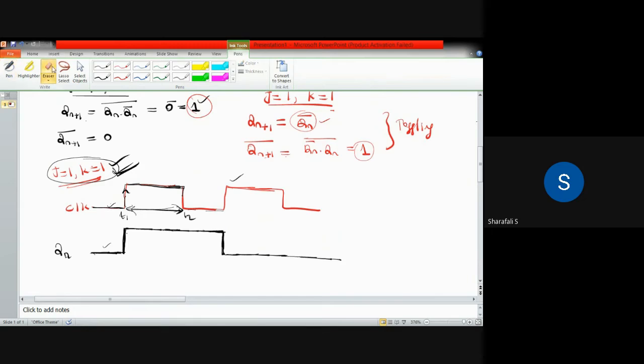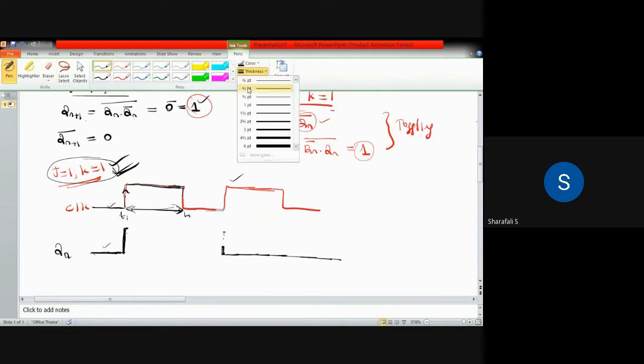So in that case, what actually happens is we will have toggling like this within this pulse. So in reality, this will happen.